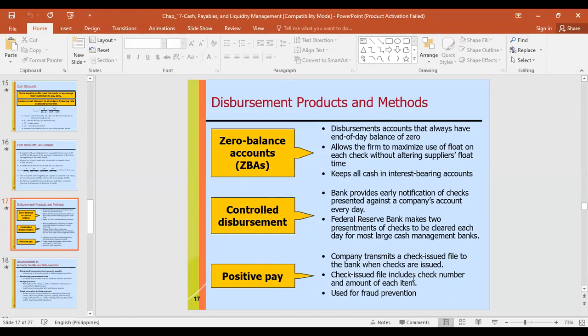Remember that the check issued file is transmitted when checks are issued, and the file contains already the check number and the amount of each item. So in that case, we can really verify the amount if we are on the part of the bank, or the bank and the company can work hand in hand to prevent fraud.